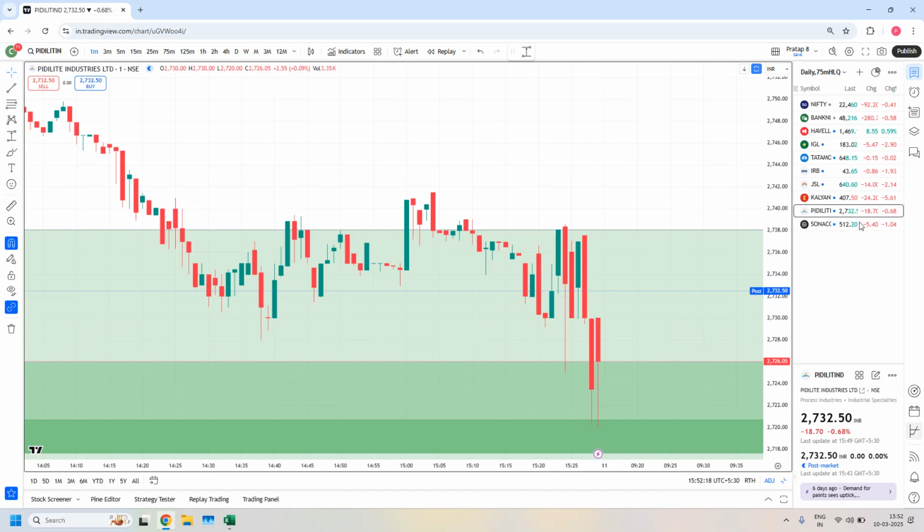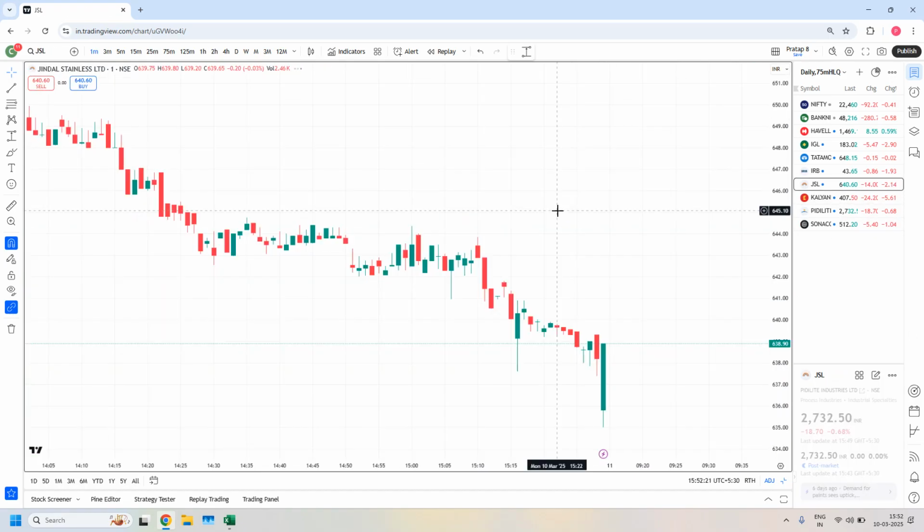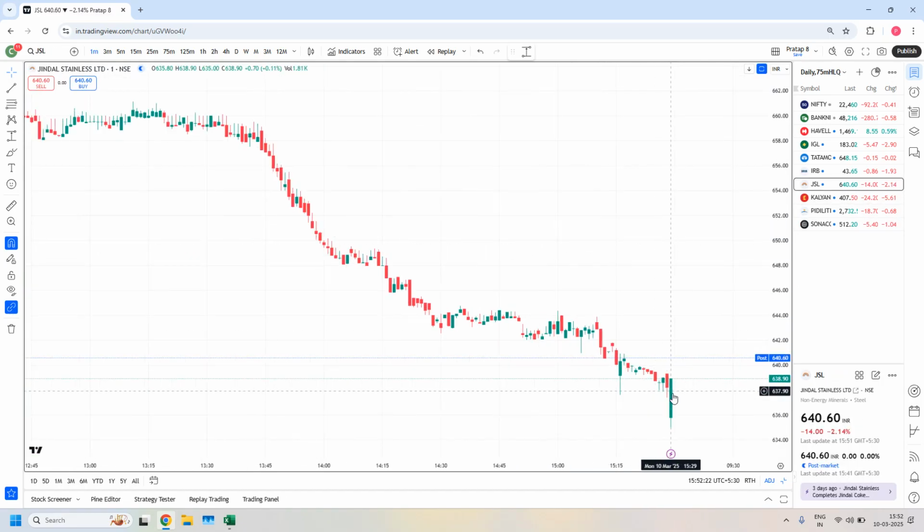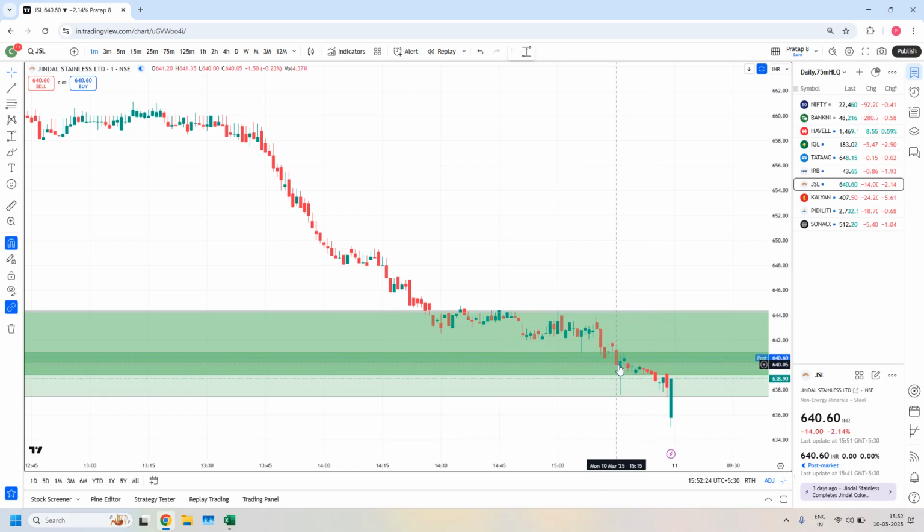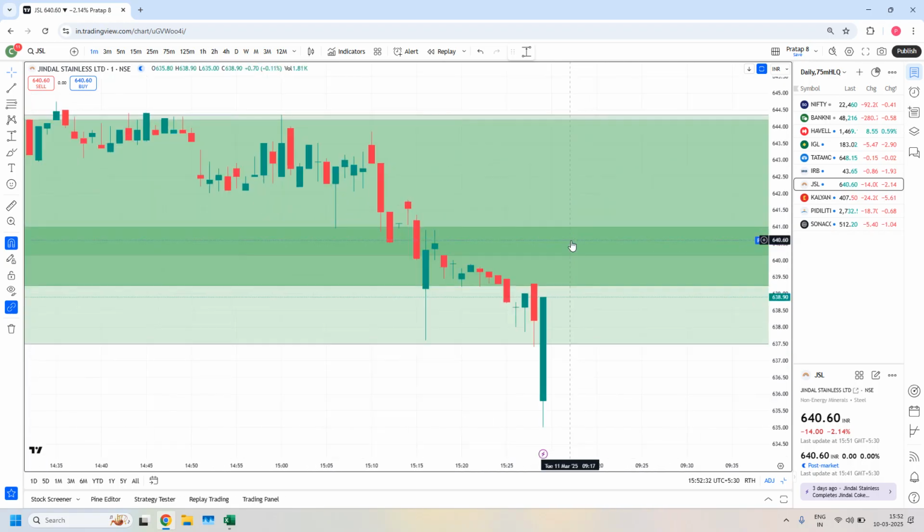From here, JSL is violated. Last 5 minutes here, 15:15 it is violated. Anyway, we don't consider any trades in the last half an hour. But before that, see, prices entered and sharply it moved up. Don't look into this zone violation. But before that, you see here, the fine-tuned area, how it moved again.